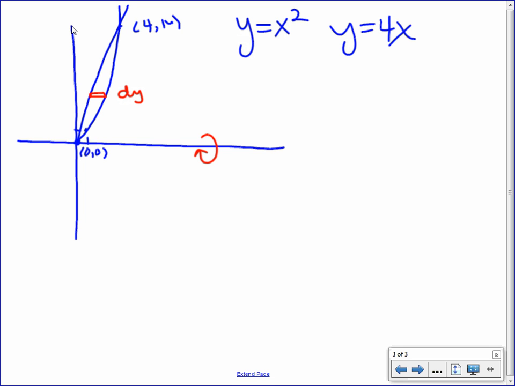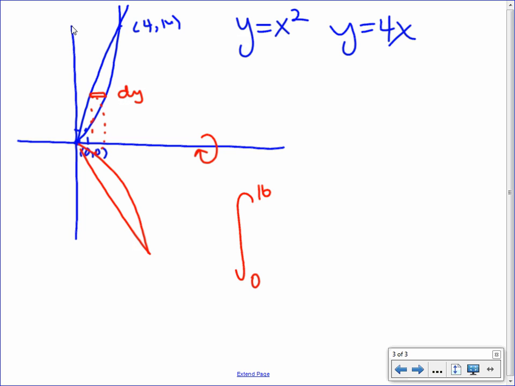So, let's see if I can draw this without completely messing it up. Okay. So our limits of integration are what? 0 to 16. Very good.